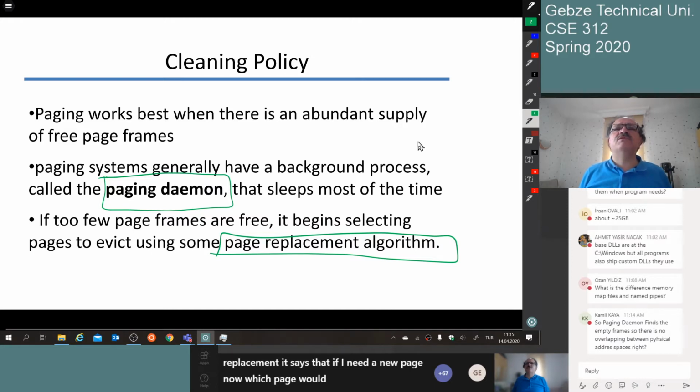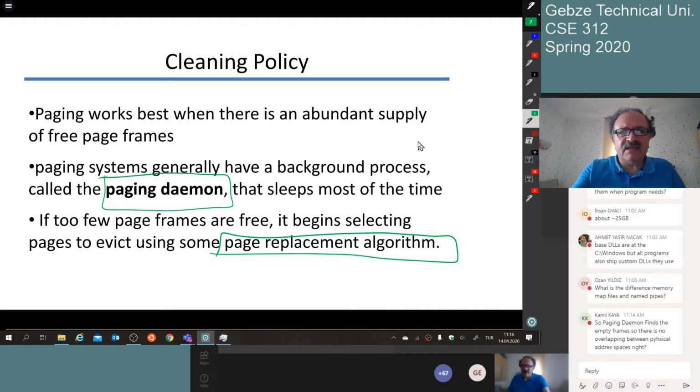It finds all those replaceable pages and makes them available. It doesn't replace that page with a new page from the disk. It just marks those pages as available, because nobody has been using them recently. So this is what happens with the cleaning policy.